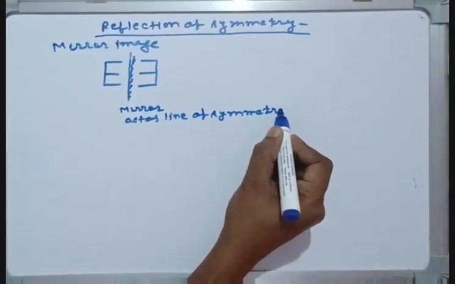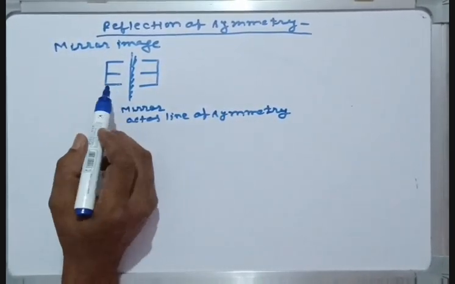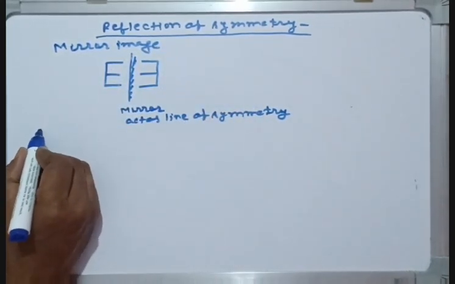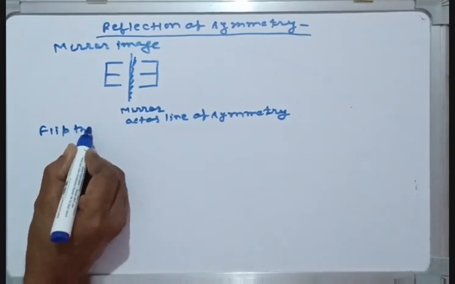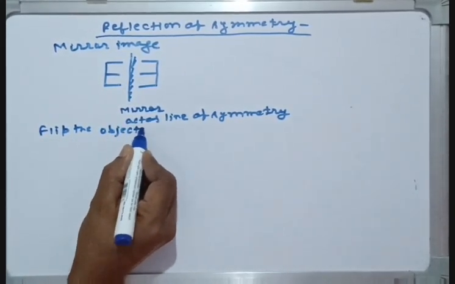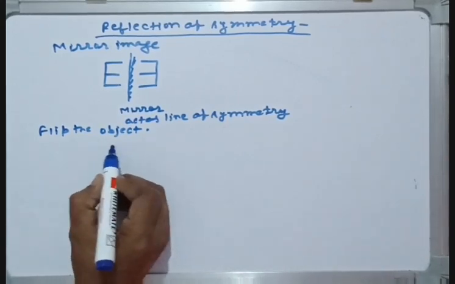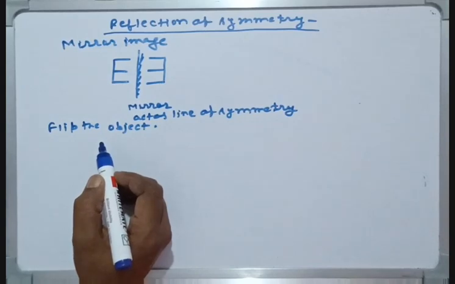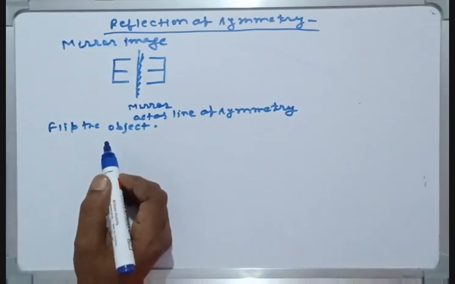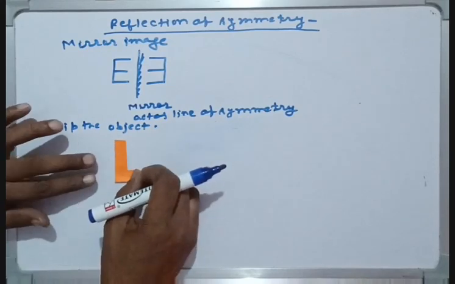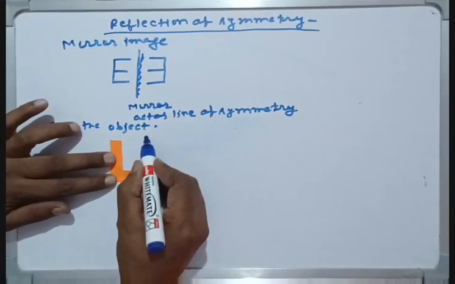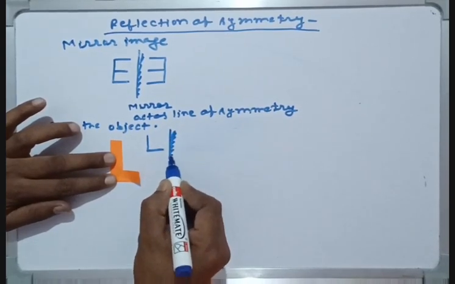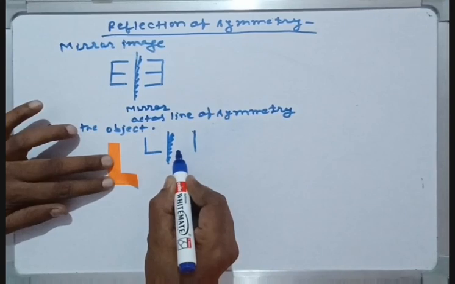Okay guys, and what we call reflection of symmetry is also flipping the object, meaning rotating the object 180 degrees. How? See, this one is L here, and the mirror image of L is here like this.